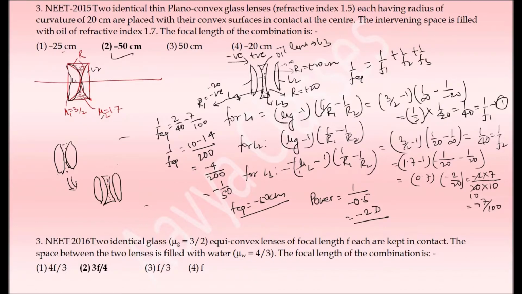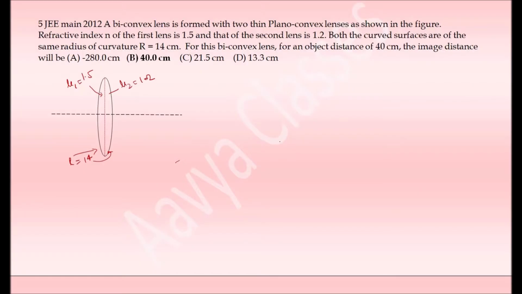You calculate the focal length of the individual lenses and apply the formula 1 by f equivalent is equal to 1 by f1 plus 1 by f2 plus 1 by f3. Then you can calculate the focal length of the combination. If you solve it, option 2 comes out true, that the focal length of the combination is 3f by 4.